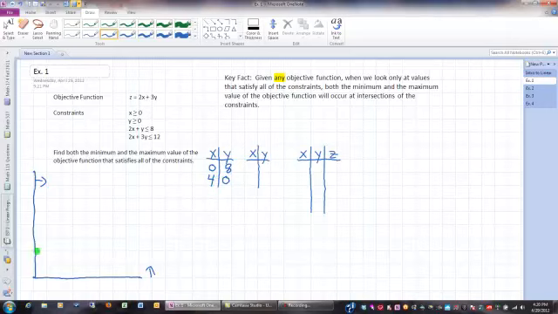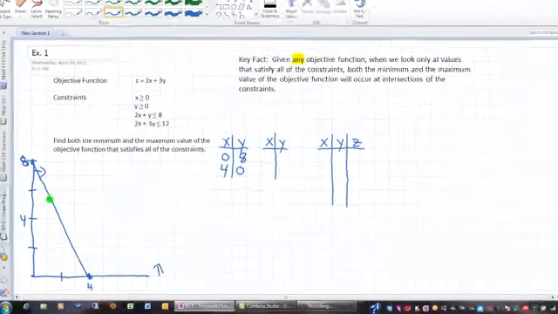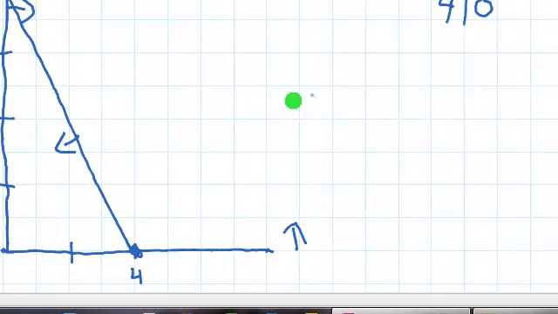So we get the points 0, 8 and 4, 0. There are our two points, and we'll connect the dots. And since it's an inequality, it's one side or the other of the line. So if I test 0, 0, 0 plus 0 is less than 8. So that puts us on this side of the inequality.